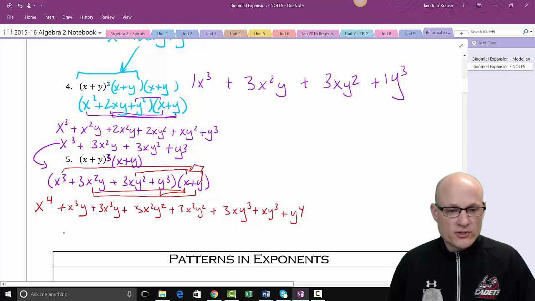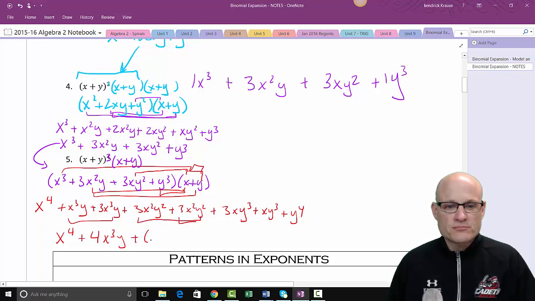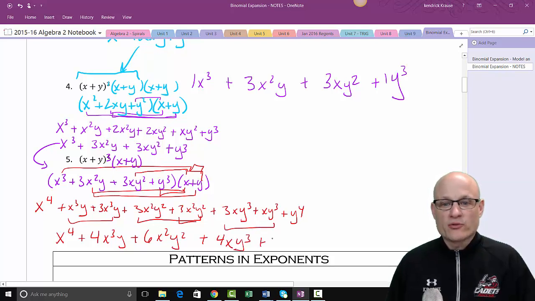Holy mackerel. So this is going to give me x to the fourth. These two give me plus 4x cubed y, and then these two give me 6x squared y squared, plus these two give me 4xy cubed plus y to the fourth.